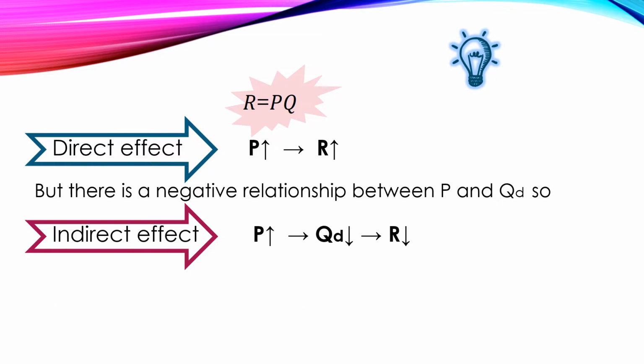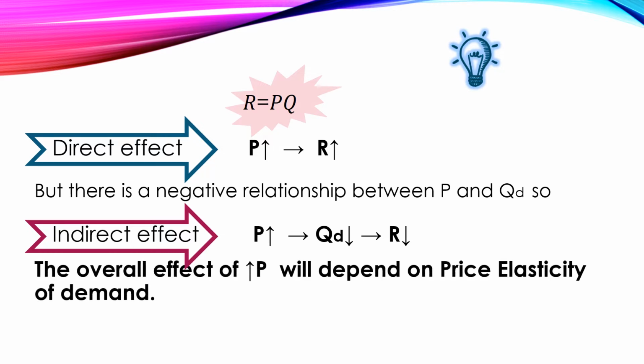If price increases, quantity demanded will decrease, so revenue will decrease. The overall effect of a price increase will depend on price elasticity of demand, on the degree of responsiveness of quantity demanded to change in price.